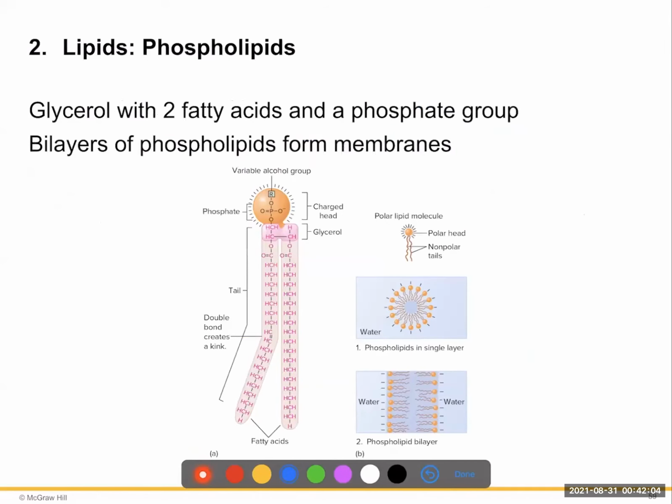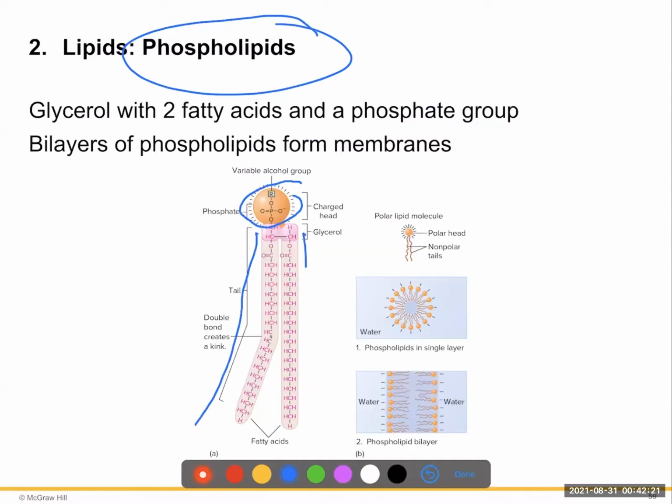All right, phospholipids. Phospholipids are kind of cool. These are what we talked about. This is a real good example of a hydrophilic and hydrophobic component of the cell membrane. This is what makes up your cell membrane. It has a phosphate group on the top and then a tail of fatty acids attached to it.